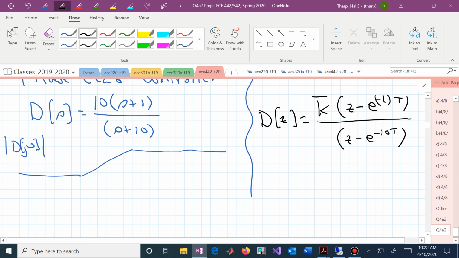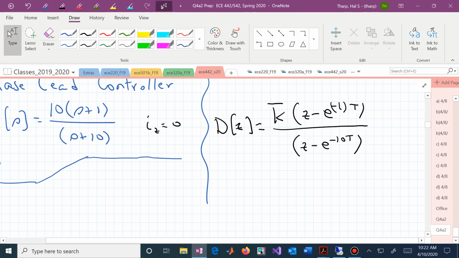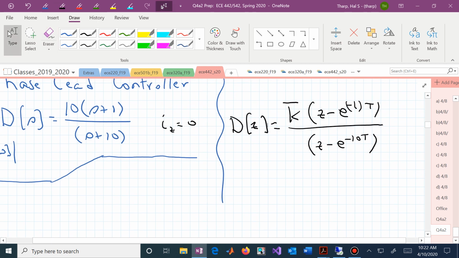And our pole zero excess here is 0. So here we don't need to have that factor called out. So we don't have to worry about including this additional factor z plus 1 in the numerator of d of z.